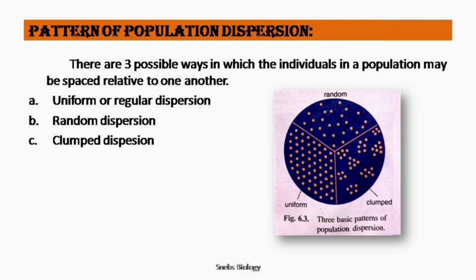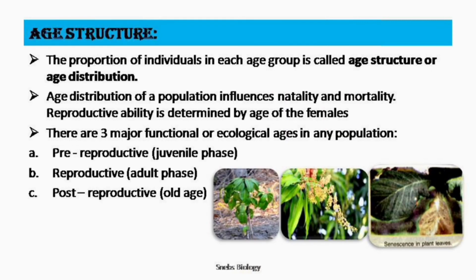Clear? Okay, the next one is age distribution or age structure. So this is also an attribute of population. Distribution means in that given population how many individuals come into which particular age bracket. So to understand this, the population has been divided into three age brackets. One is called pre-reproductive, the second is reproductive, and third is post-reproductive.